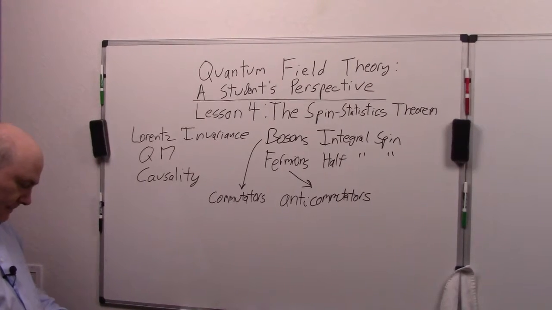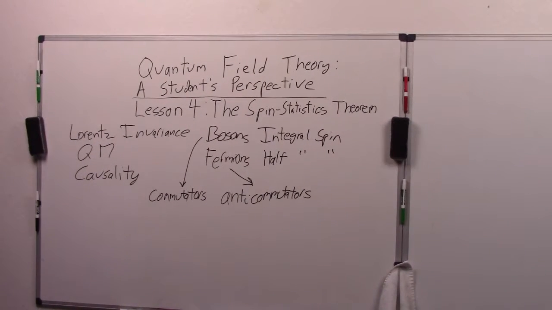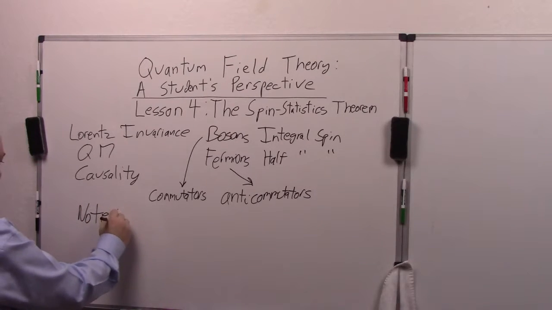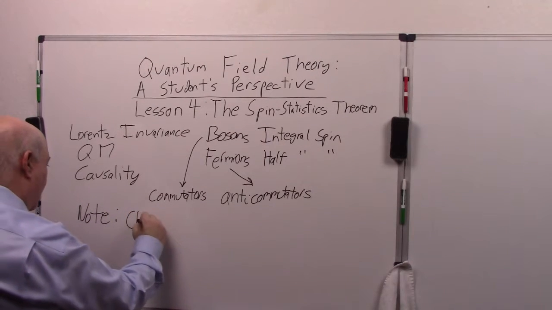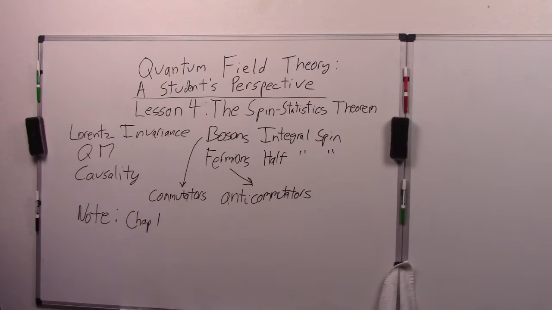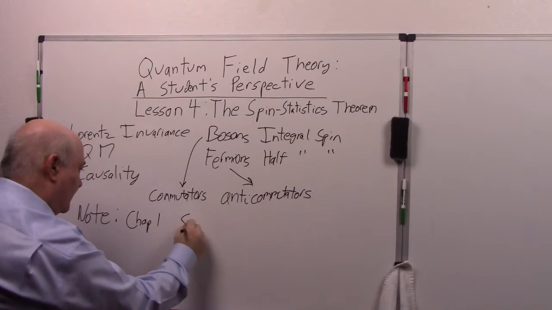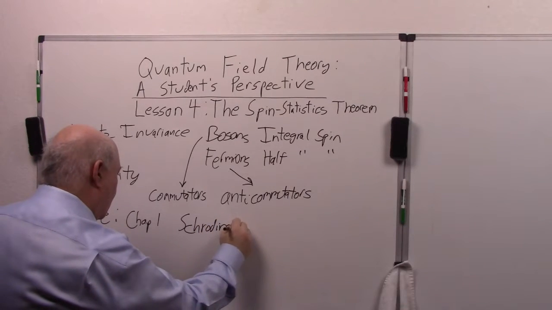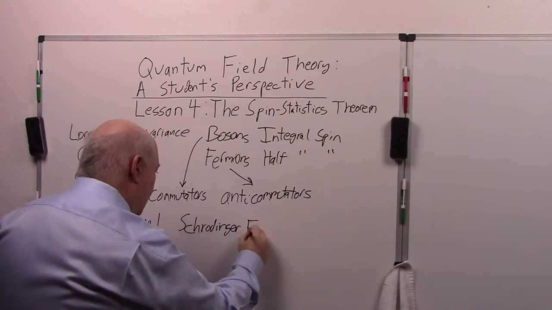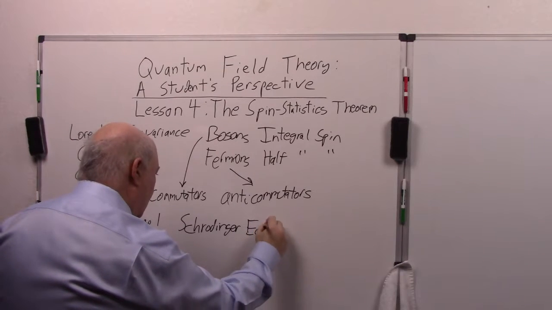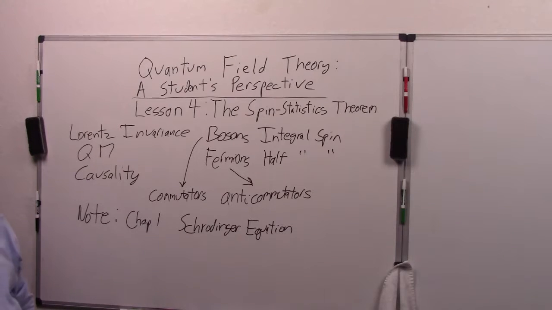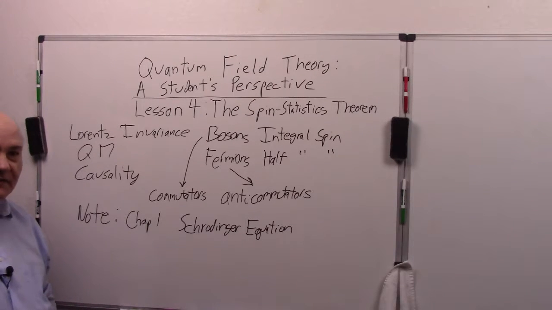I just want to make a note that you might remember chapter 1, where we talked about the Schrodinger equation. And we quantized the many-body Schrodinger equation, and we found out that actually we could have symmetric particles or anti-symmetric particles.